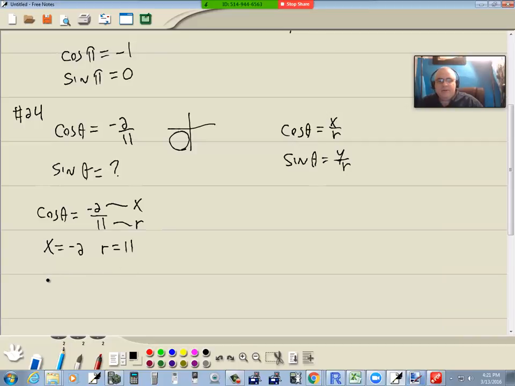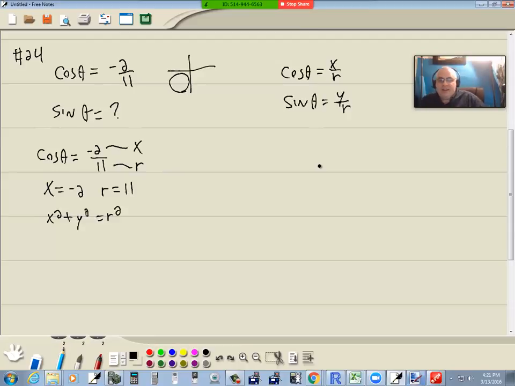Well, we got our Pythagorean Theorem that says x squared plus y squared is equal to r squared. Now where we're headed is we want to find sine, so we need y and r. Well, r we know, we just need to know what y is now. So we can use the Pythagorean Theorem to help us find that. We'll plug -2 in for x. So I got -2 squared plus y squared is equal to 11 squared. -2 squared is 4 plus y squared is equal to 121.